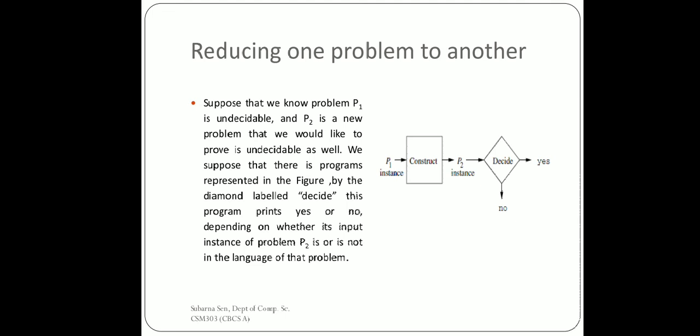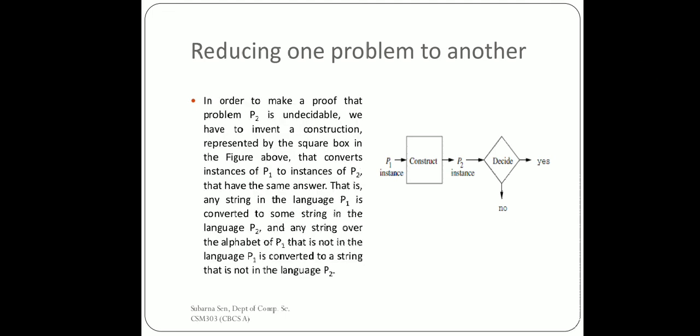Now suppose we have a problem P1 which is undecidable, and a new problem, say P2. We have P1's instances, and using a construct we map the instances of P1, my existing instances, to the instances of the new problem P2.